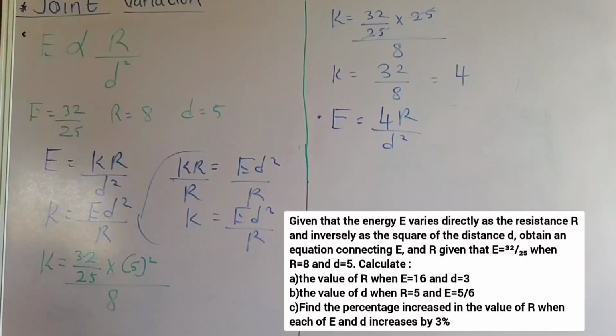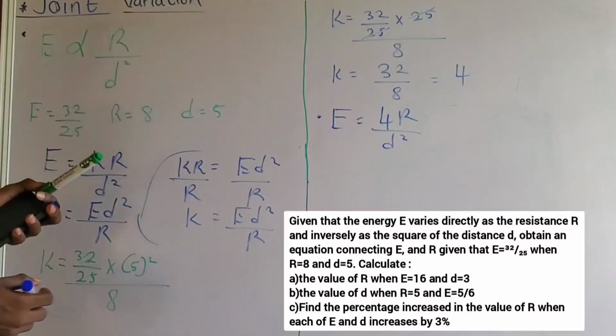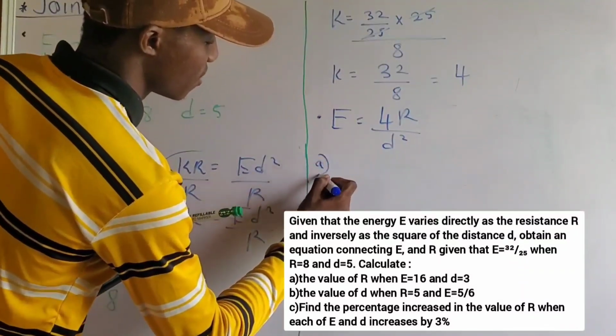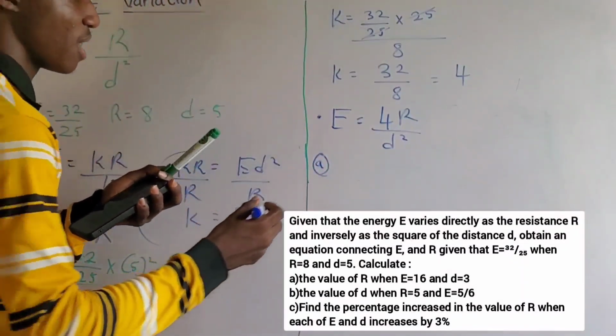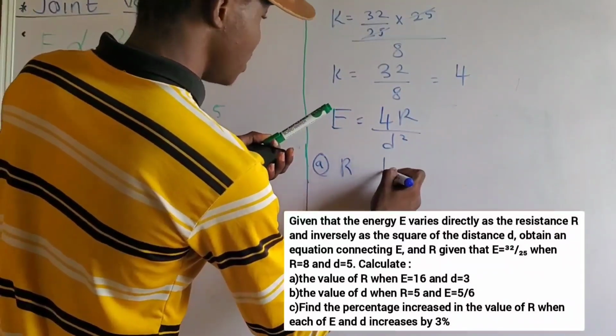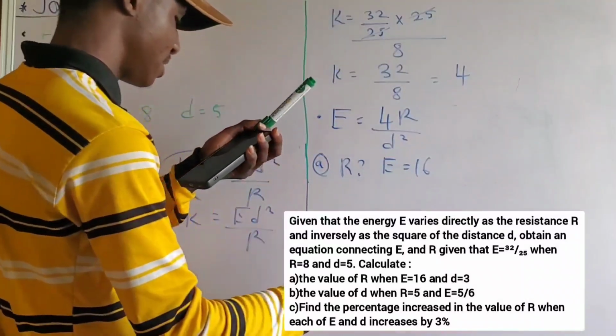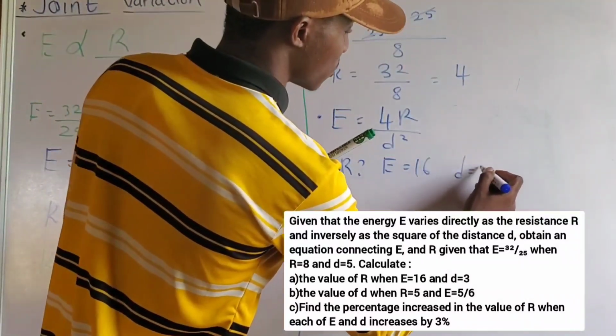Now, having gotten the relationship, we can now proceed to calculate the value of R when E equals 16 and D equals 3.